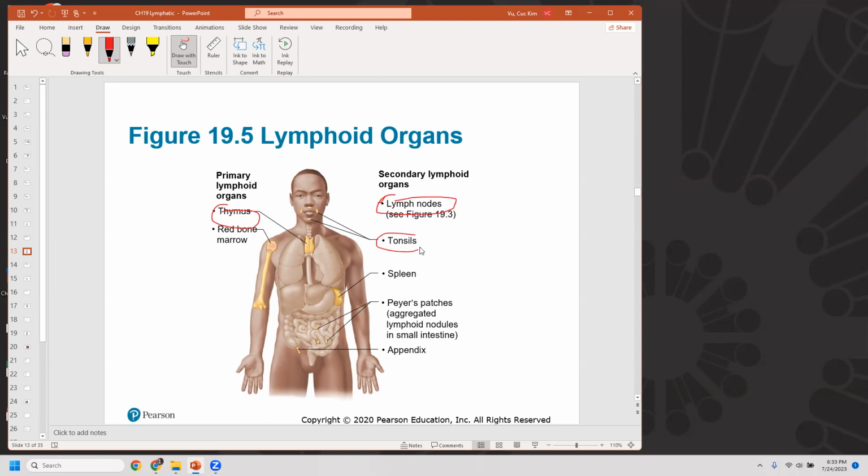We'll go through the tonsils, the spleen, the appendix, and the Peyer's patch. These three right here are going to be grouped into what's called MALT, and we'll talk about that at the end. So we'll talk about the thymus, the lymph node, the spleen, and then the MALT organs.